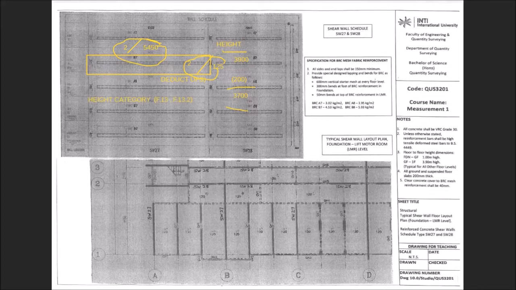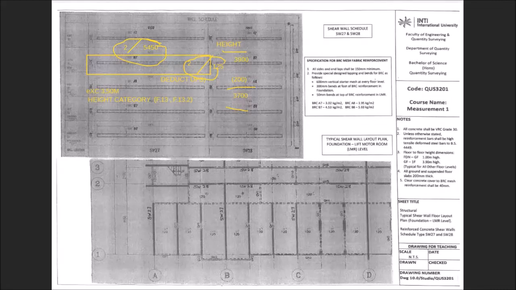F.13.2 mentioned that if the height is more than 3.5 meter, this one must be clearly stated. So in the description, don't forget to write exceeding 3.5 meter. Okay, this is according to F.13.1 and F.13.2.